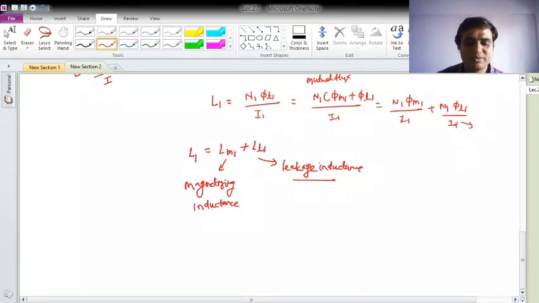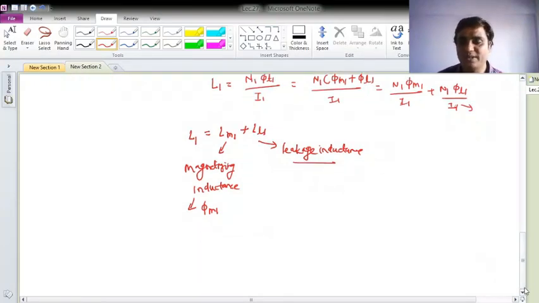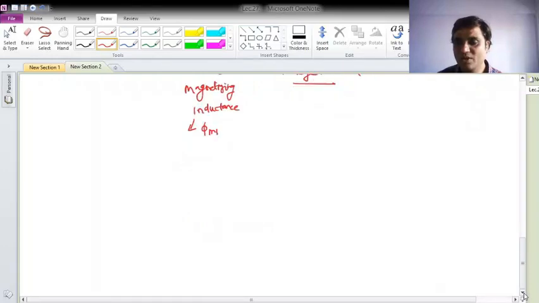Magnetizing inductance is contributed by the mutual flux phi m1, whereas leakage inductance is contributed by the leakage flux, which tries to complete its own path in coil 1 only. So the magnetizing inductance will be much greater than the leakage inductance.